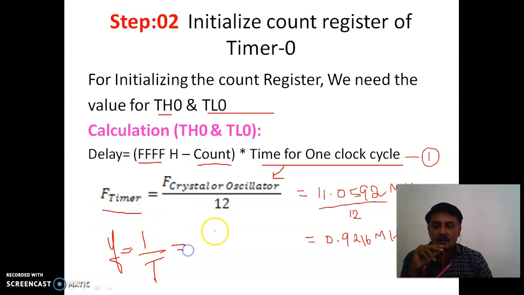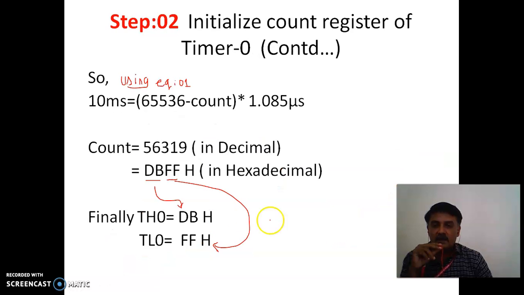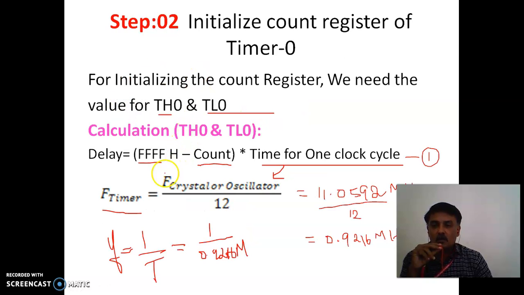Now take the inverse of this 0.9216 megahertz, and you will get the value available in the next slide: 1.085 microseconds. Using equation number 1, what values do we know? The delay we know, and FFFF in hexadecimal, which we can convert into decimal. The count is not available and needs to be calculated, and the time for one clock cycle is also available.